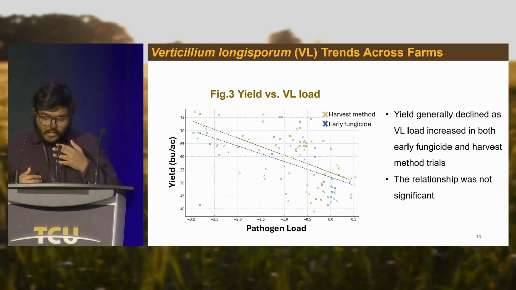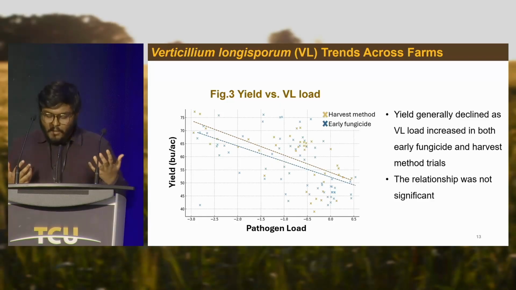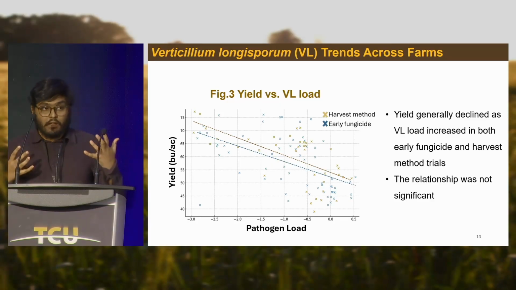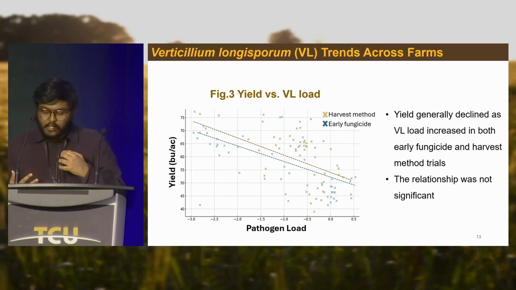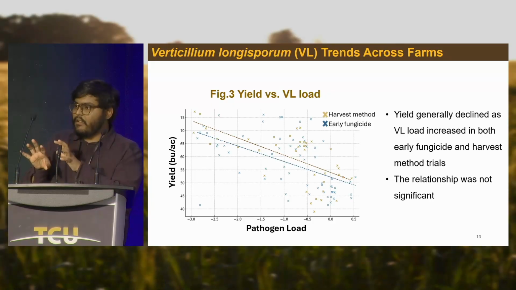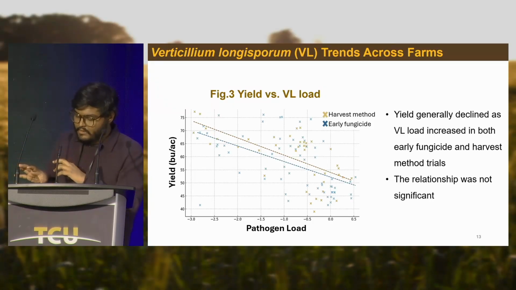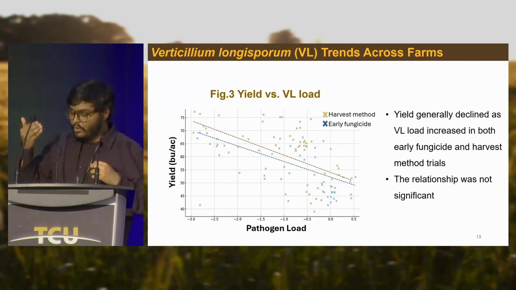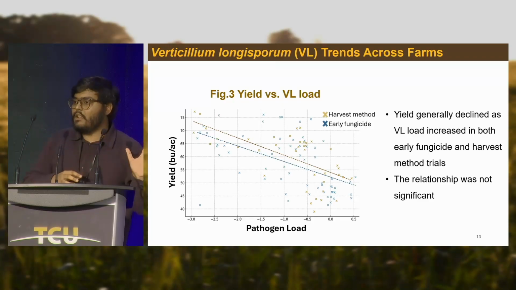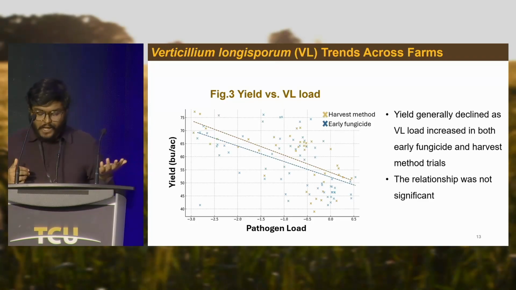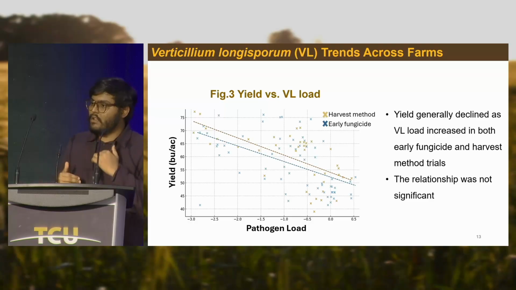So visually we can see a downward pattern, but it isn't really reliable enough to predict the yield loss itself. The final takeaway from this slide is that verticillium can contribute to lower yield, but field-to-field factors have much higher impact than the influence of the pathogen alone.